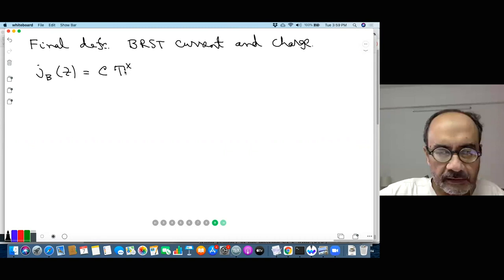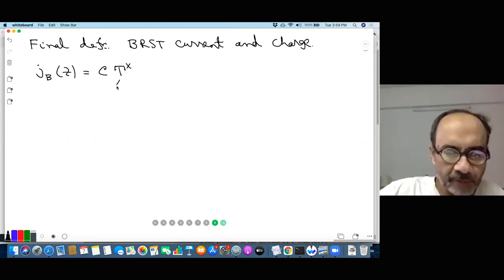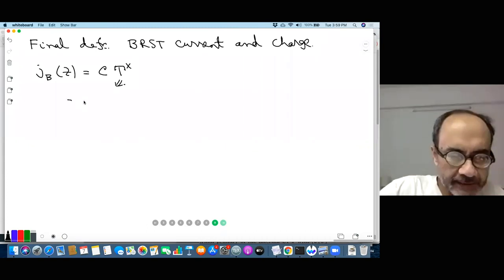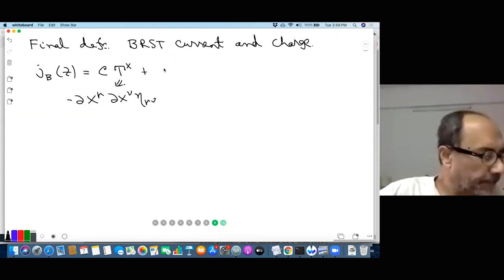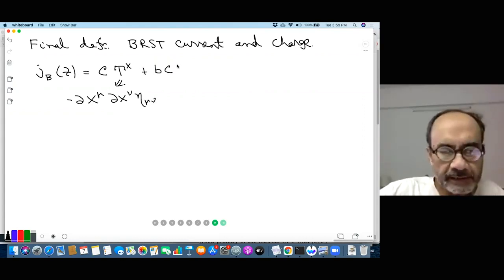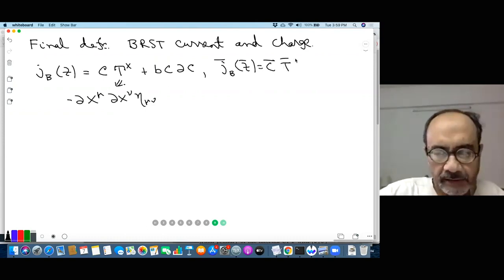So T^x is the component of the energy momentum tensor that came from X. So this is minus del x^mu del x_mu plus b c partial c, and then j_B bar of z bar is c bar T bar x plus b bar c bar partial bar c bar.